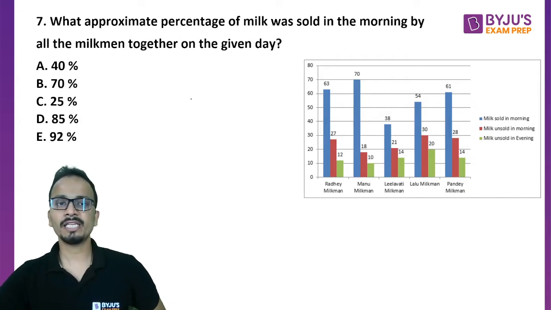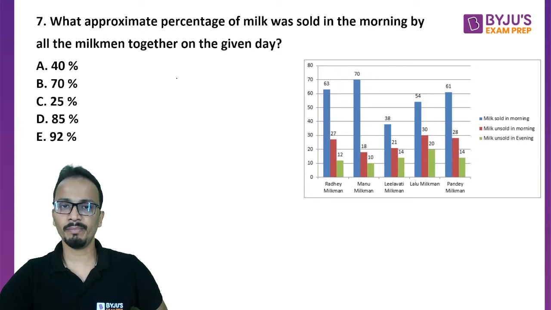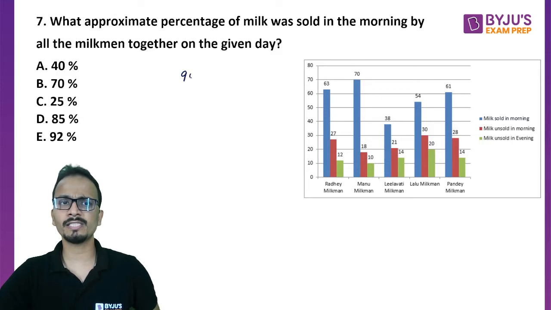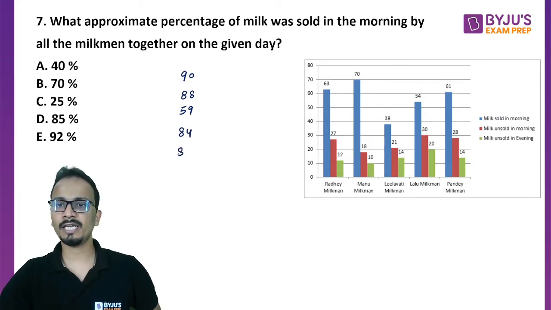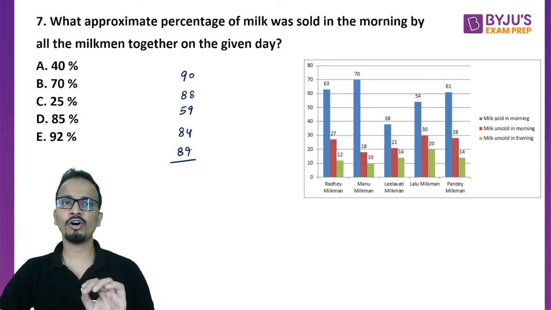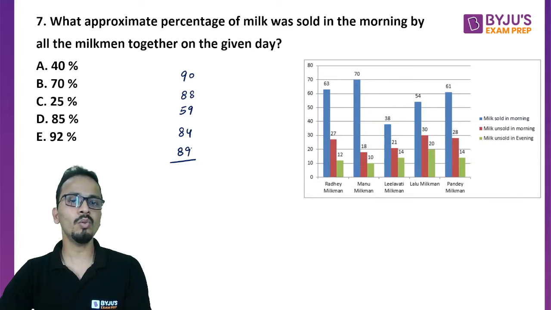Now I'll quickly write the total quantity of milk which was available. So for the first milkman, 63 plus 27, we have already written these values. So for the first one, it is 90, then 88, 59, 84, and 89. Let's add all these values and this will give me the total quantity of milk which was available with them.